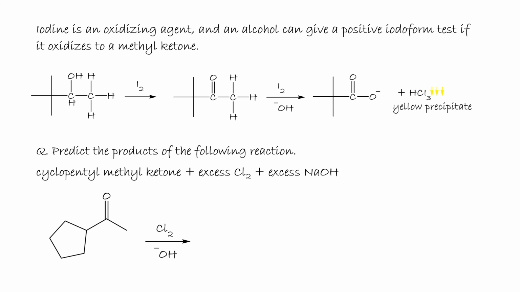If we have an alcohol, like the one we have in here, carbon OH with CH3, iodine is an oxidizing agent, so the first step will be the formation of the ketone, and in the presence of base, this will be trisubstituted to form iodoform as a yellow precipitate.